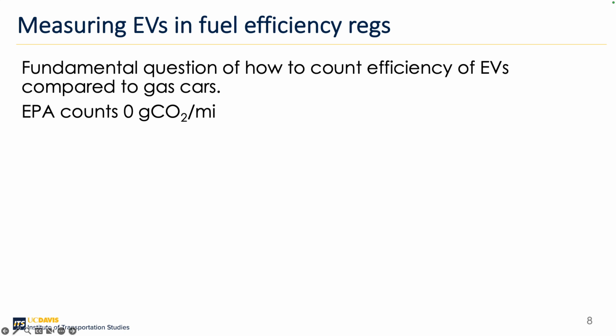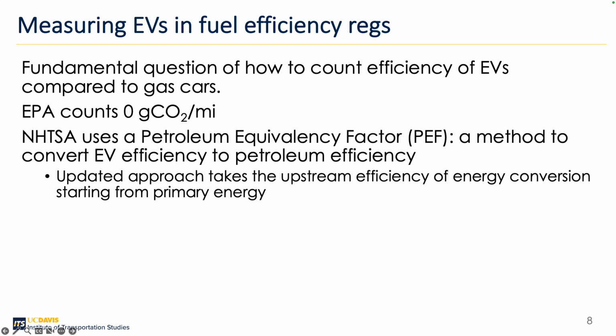We'll talk a little more about emissions related to EVs and environmental consequences a little bit later. But in the meantime, as we're talking about efficiency, one of the groups under the US DOT is the National Highway Traffic Safety Administration, or NHTSA.